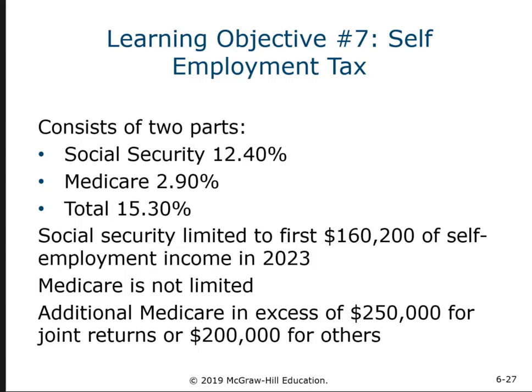Okay, so you need to be able to calculate. So if you make $100,000 from your self-employment, and you make so much from your job, then you can compare, but together they should not. You don't have to pay on anything over $160,200.